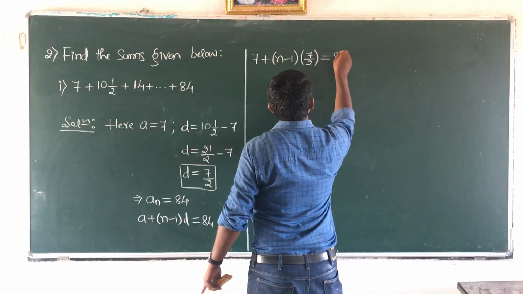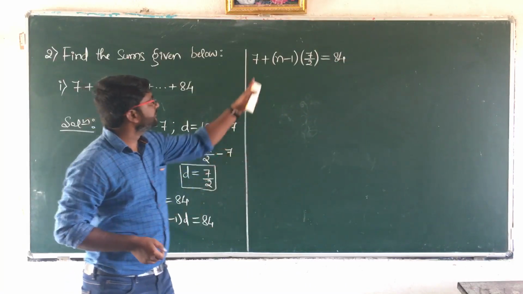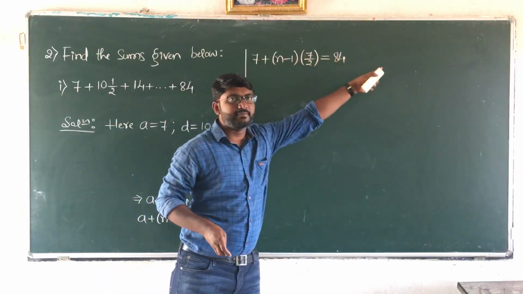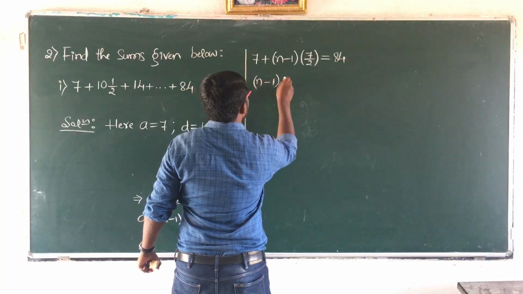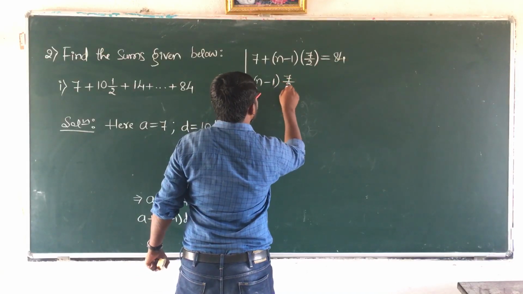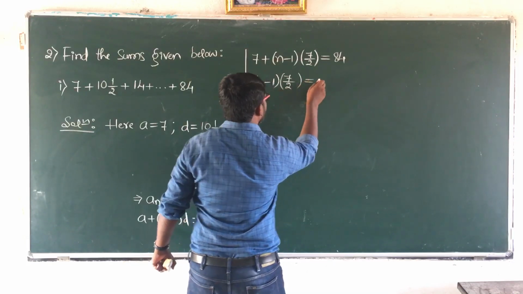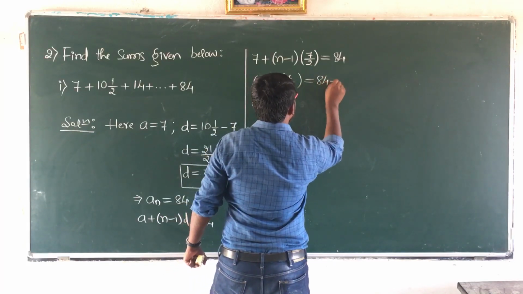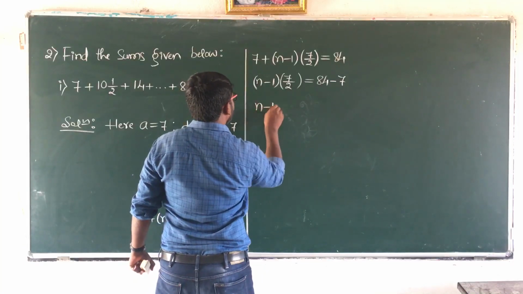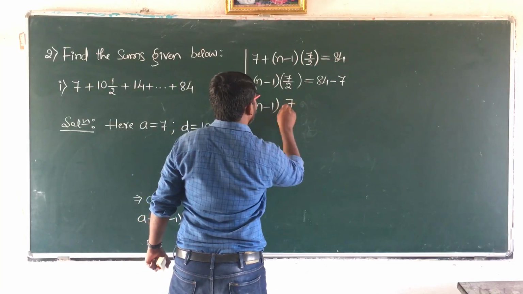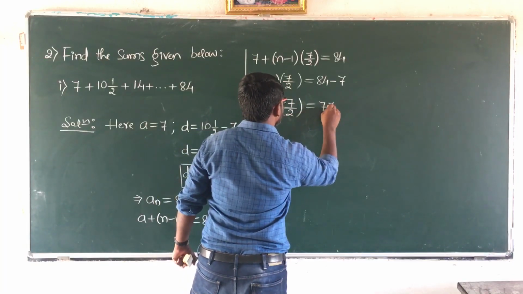Which is equal to 84. So now you take 7 to the RHS, it becomes minus 7. So n minus 1 into 7 by 2 is equal to 84 minus 7, so n minus 1 into 7 by 2 is equal to 77.